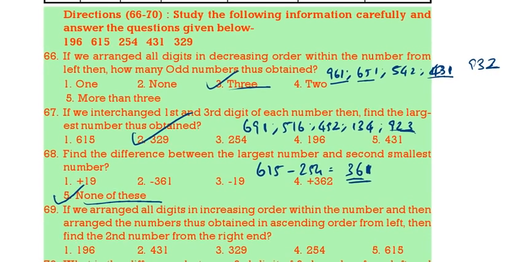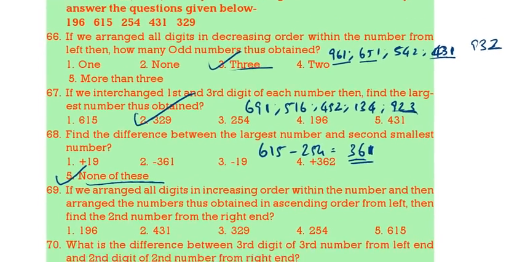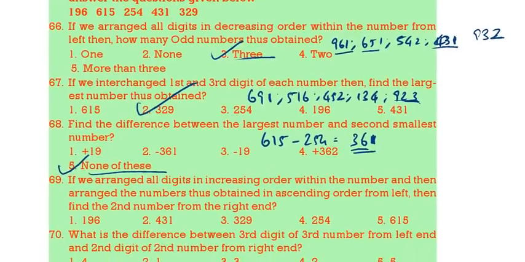Next, if we arrange all the digits in the increasing order within the number. So first arrange them in the increasing order within the number. So if you arrange within the number increasing order, we will get 169, 156, 245, 134, 239. Then the numbers thus obtained are arranged in ascending order.